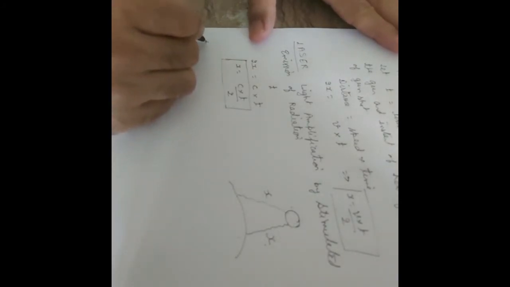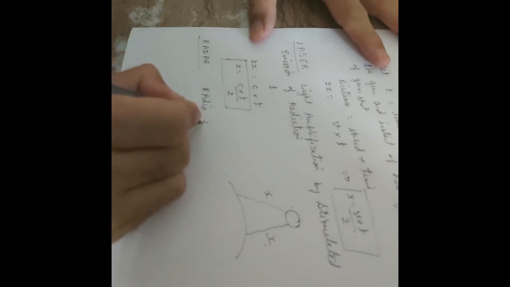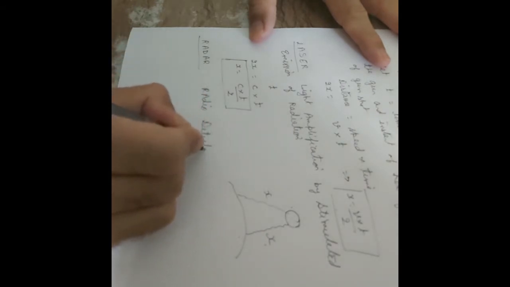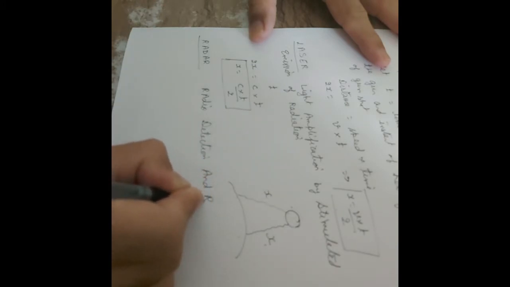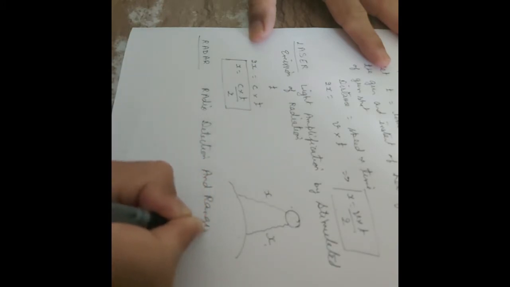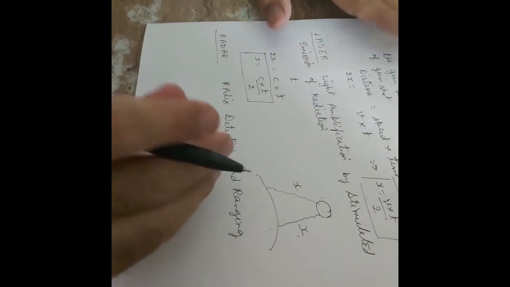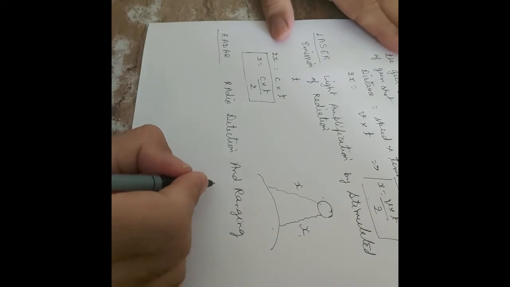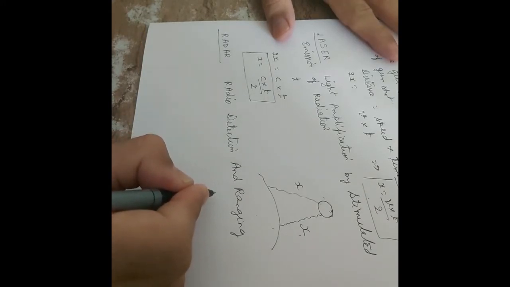Next is the radar method. All of you are familiar with radar. What is the full form of radar? The full form of radar is Radio Detection and Ranging. Now how does a radar work? In this method, radio waves are sent into space from a transmitter.